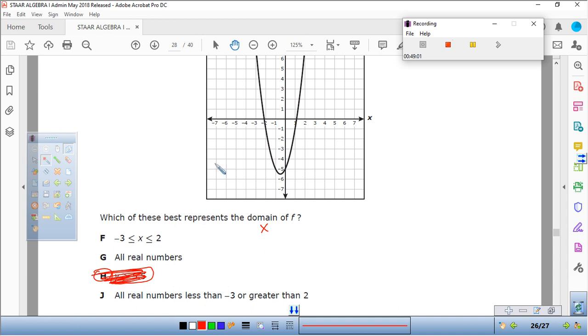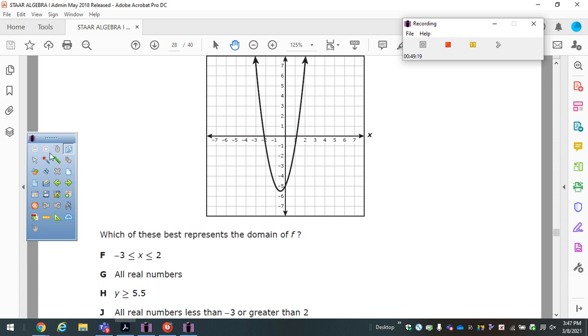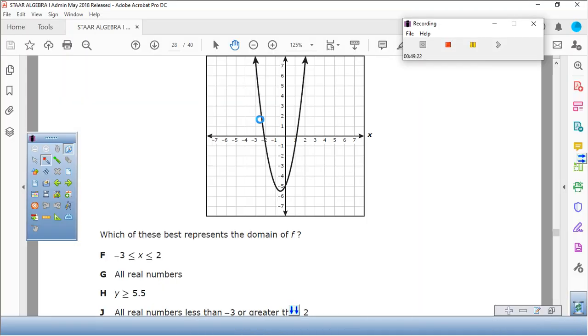The domain now. Let's look at this whole graph, left to right, X's and Y's. Now, I got to show you these arrows. This line goes up, and it has a little slant to the left, which means it goes forever in that direction. And this one means it goes forever in that direction.